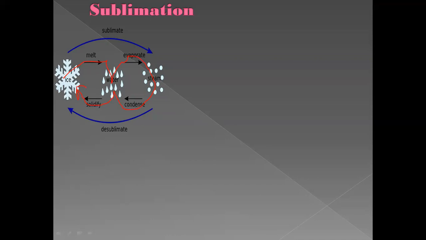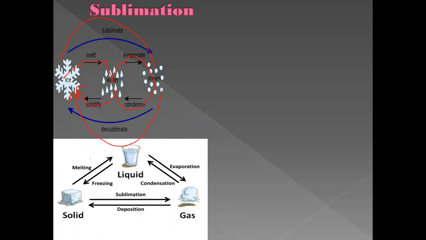But what is sublimation? When a solid directly changes into gas, and the gas on condensation, condensation means on cooling, directly changes back into solid, that is called desublimation. If you see in this equation, melting of ice into liquid, and then vaporization, like vapors are formed, that is called evaporation.